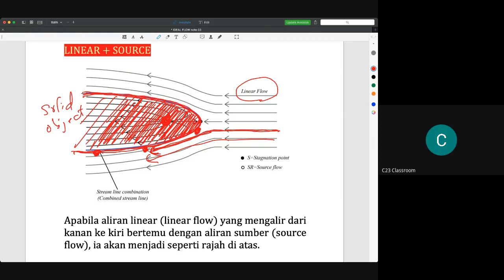Jadi yang paling mudah, apa application yang reflect tentang perkara ini? So the application that maybe use this idea is our evaluation on aerofoil. So for example, if we have aerofoil like this one, how do we express the shape of aerofoil in mathematics?